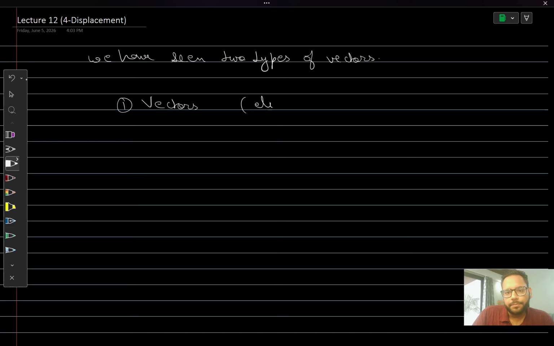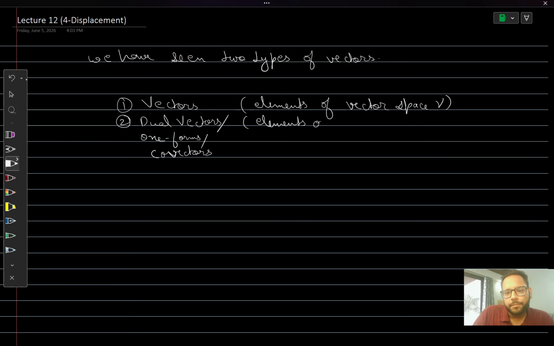These are elements of vector space. Secondly, dual vectors, or you can call them one forms or covectors. These are elements of dual vector space.